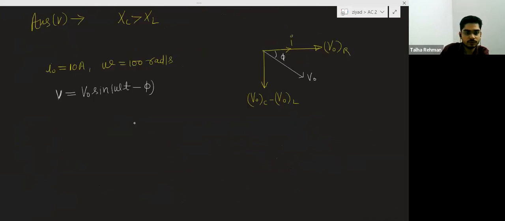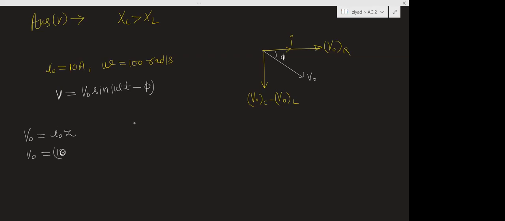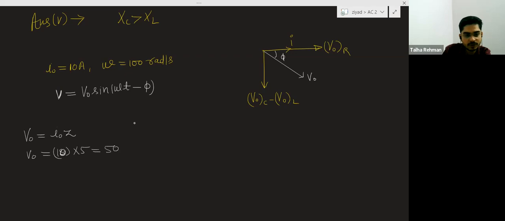So now we will calculate V naught first. V naught is equal to I naught into Z. I naught is 10 and Z is 5. This will become 50 volts, and omega is this.